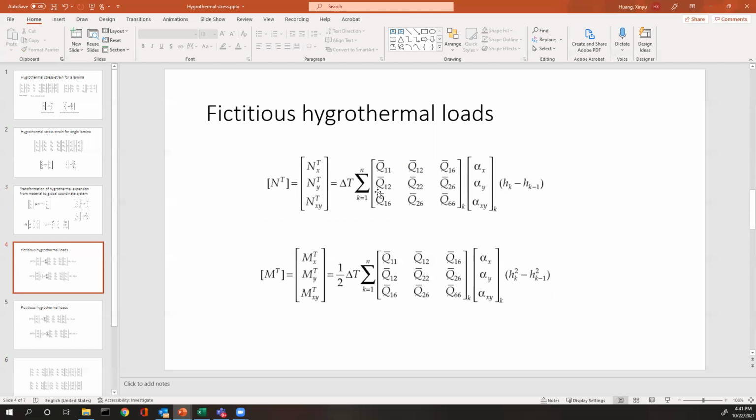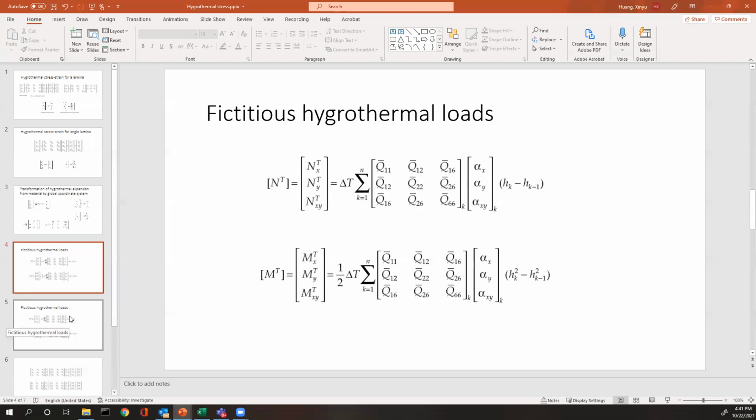Then you can calculate these terms. N superscript T, which is a fictitious hygrothermal load in terms of force. This is a fictitious hygrothermal load in terms of moment.